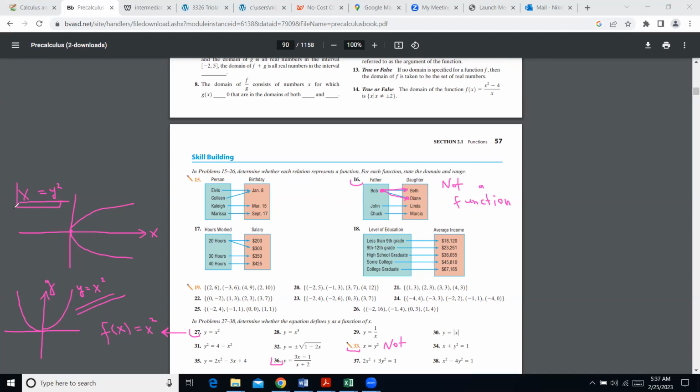x is on the left side and y squared is on the right. So we switched letters x and y, and that's what always makes the graph switch. Instead of going along the y-axis, now it goes along the x-axis because we switched x with a y. And this is not a function. Why not? Because the same exact issue happens with this graph.